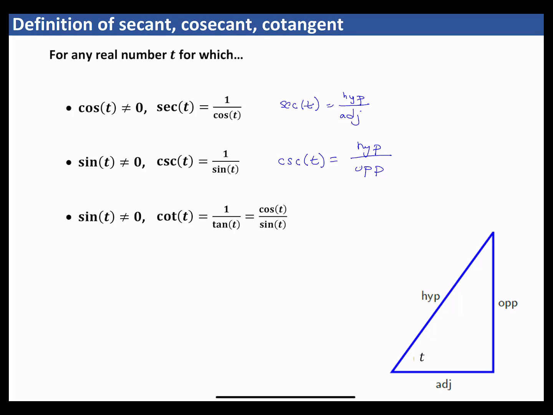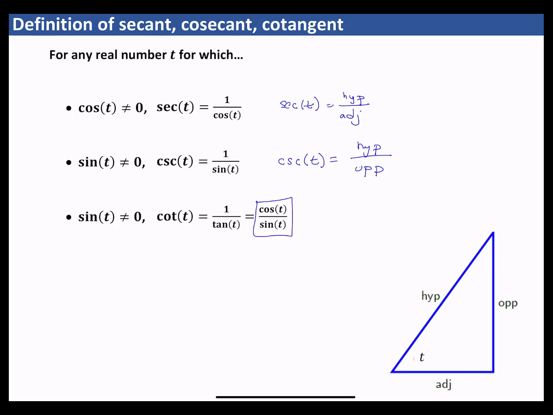Lastly, for any real number t for which the sine of t does not equal 0, we define the cotangent of t to equal 1 divided by the tangent of t. That means the cotangent is the reciprocal of tangent. One perspective of the tangent function is sine of t divided by cosine of t, which means one perspective of the cotangent function is the reciprocal, cosine of t divided by sine of t.